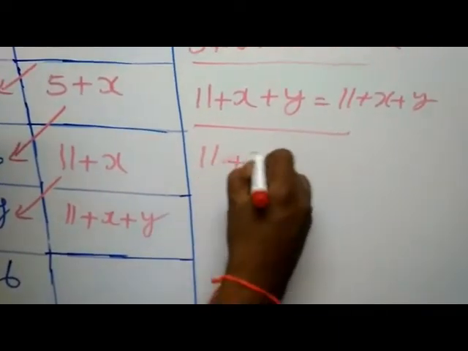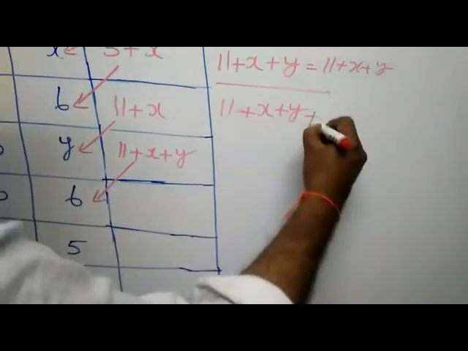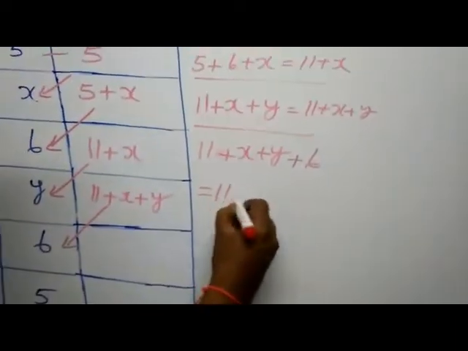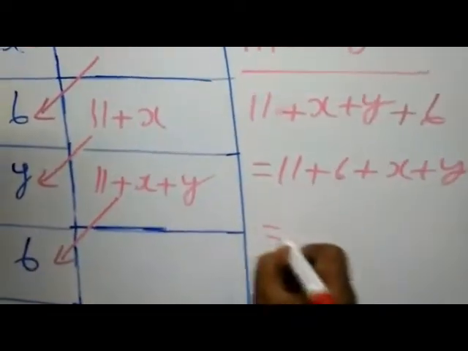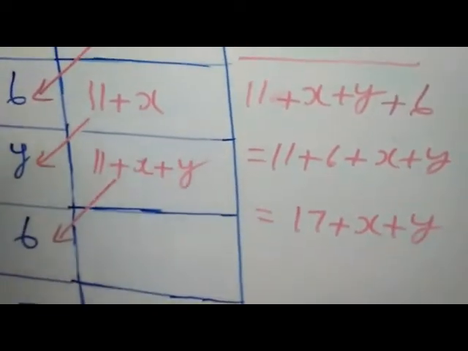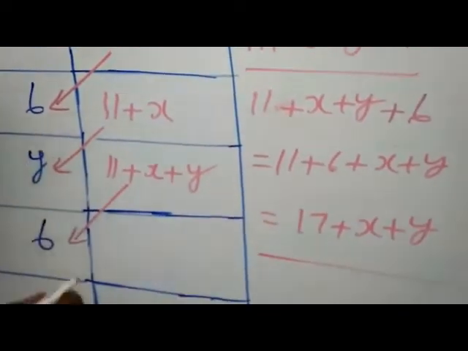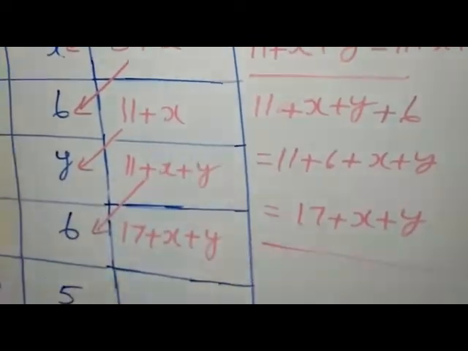11 plus x plus y plus 6 is equal to 11 plus 6 plus x plus y, which is equal to 17 plus x plus y. Here I have to write 17 plus x plus y.